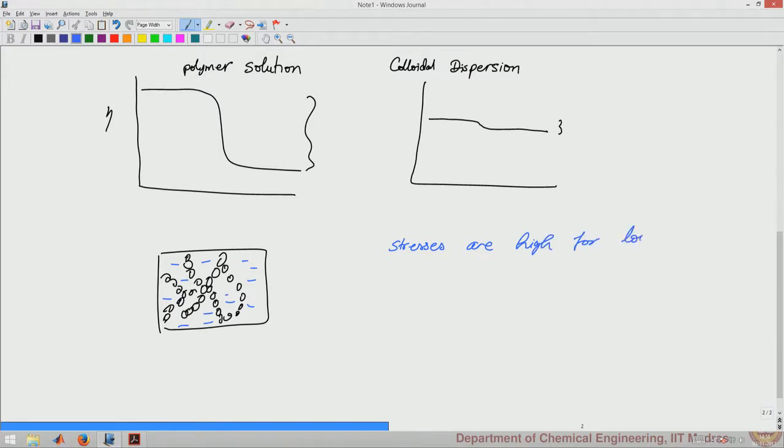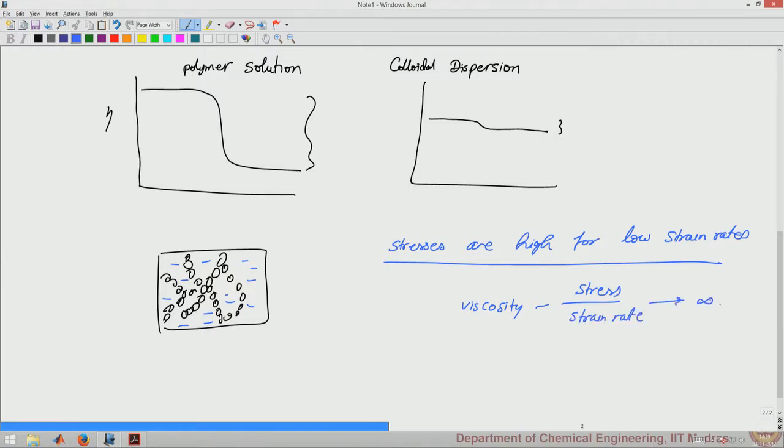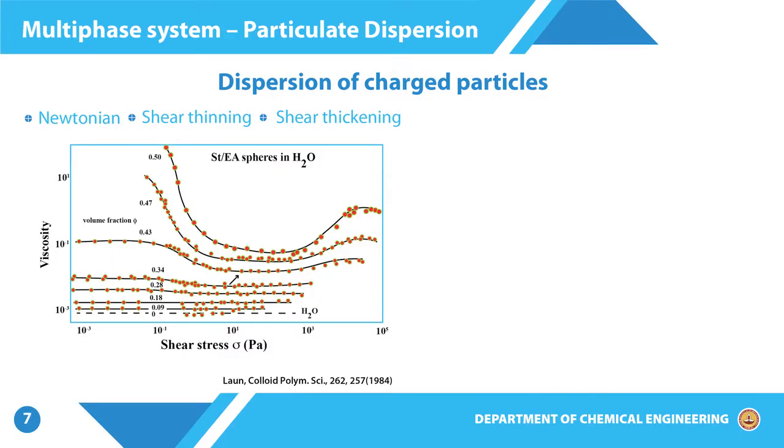So, what we end up with is that the viscosity, which is the ratio of stress to strain rate, tends to infinity. And so, that is what we see here, that the material is pretty much behaving as a solid material, in which case there is no motion, and therefore, the viscosity is infinite.